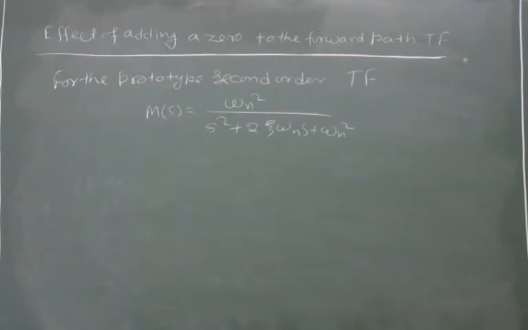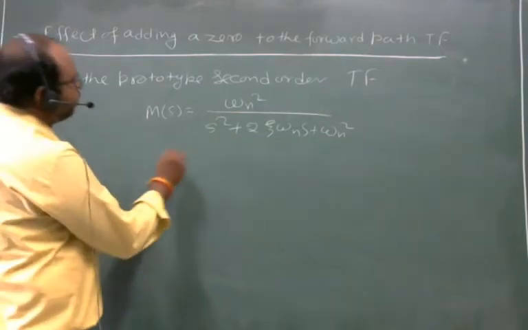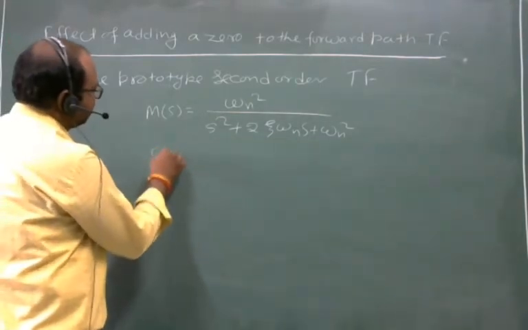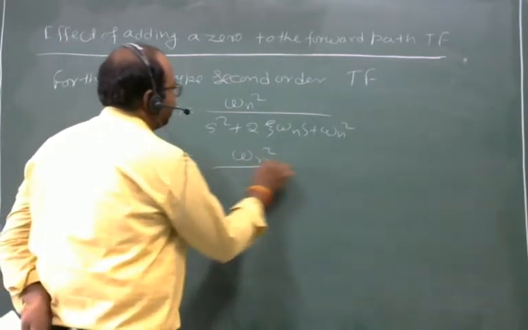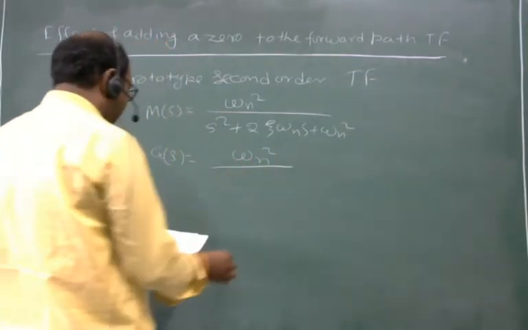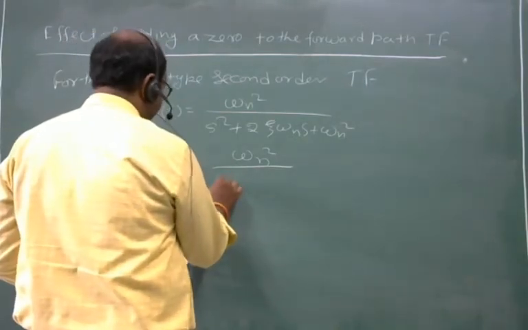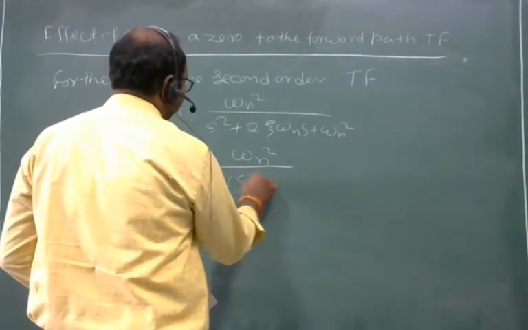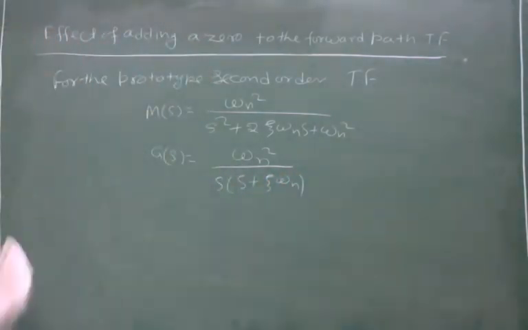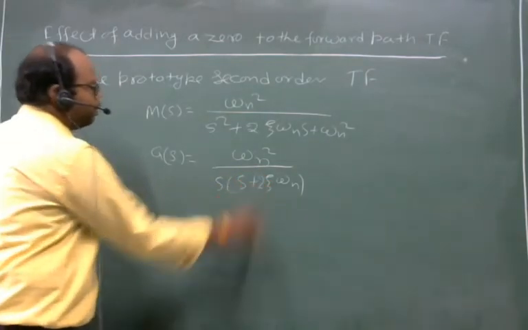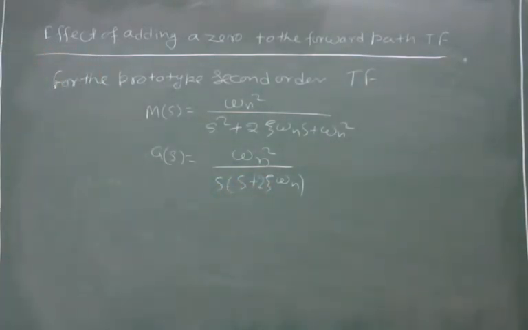For this system, the forward path transfer function G(s) will be equal to omega n square divided by s times (s plus 2 zeta omega n).